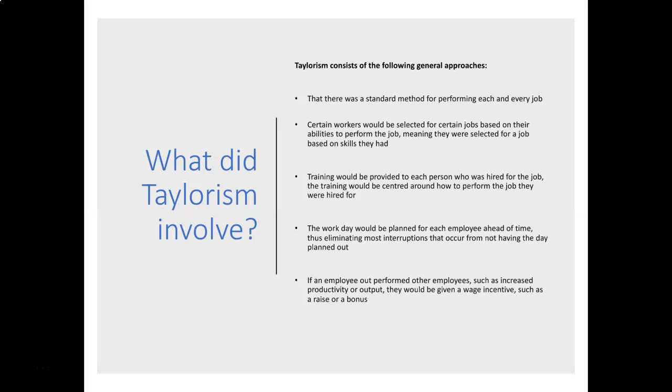Training would be provided to each person who was hired for the job, centered around how to perform the job they were hired for. The workday will be planned for each employee ahead of time, thus eliminating most interruptions that occur from not having the day planned out. If an employee outperformed other employees, such as an increase in productivity or output, they will be given a wage incentive, such as a raise or a bonus.